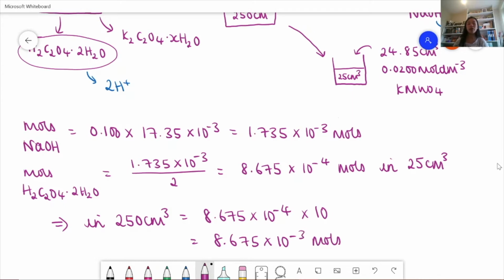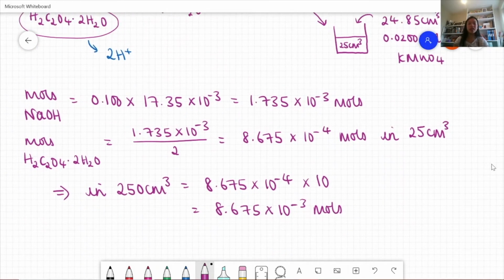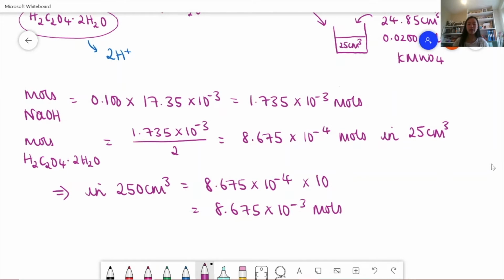And now we can work with the potassium manganate. So first of all, we need to work out the moles of it. So we can quickly do that. So we've got 24.85 centimeters cubed. So the moles of manganate will be equal to the moles of potassium manganate we have, because it's a 1-to-1 ratio. So for every potassium manganate we have one manganate ion.